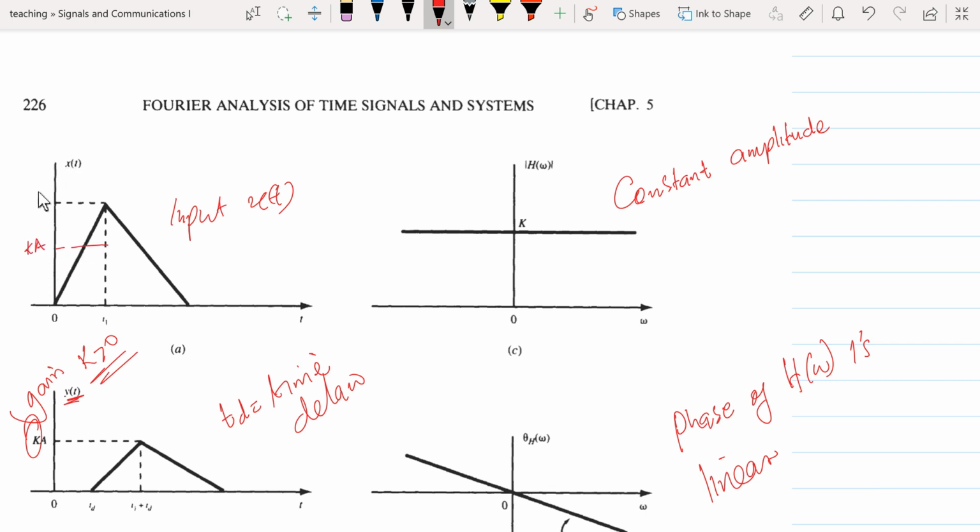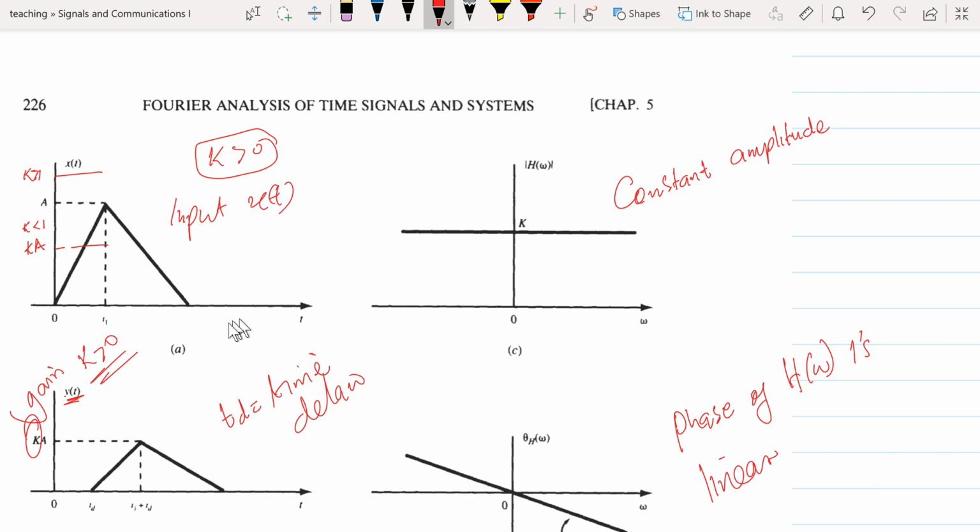K might be bigger than 1, or k might be less than 1. But the condition is that k must always be bigger than 0. If it is not bigger than 0, then we say that the system is introducing some distortion.